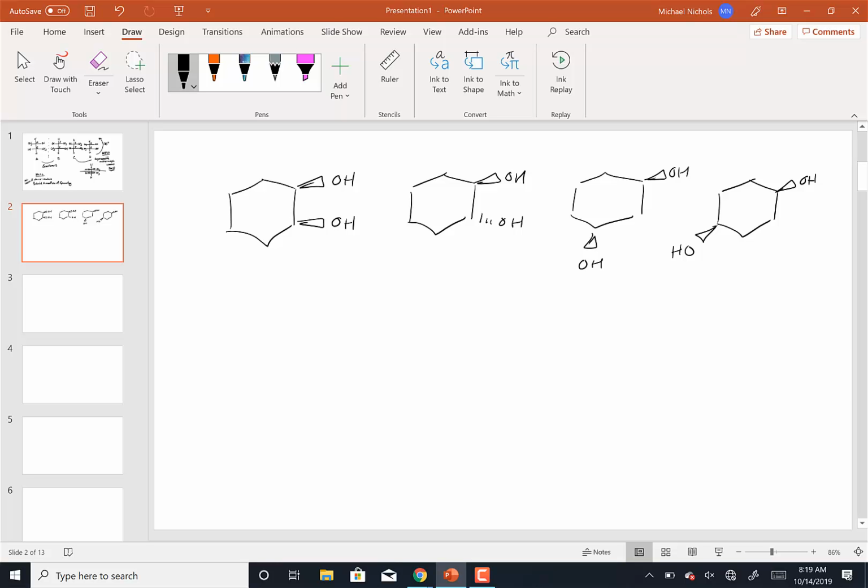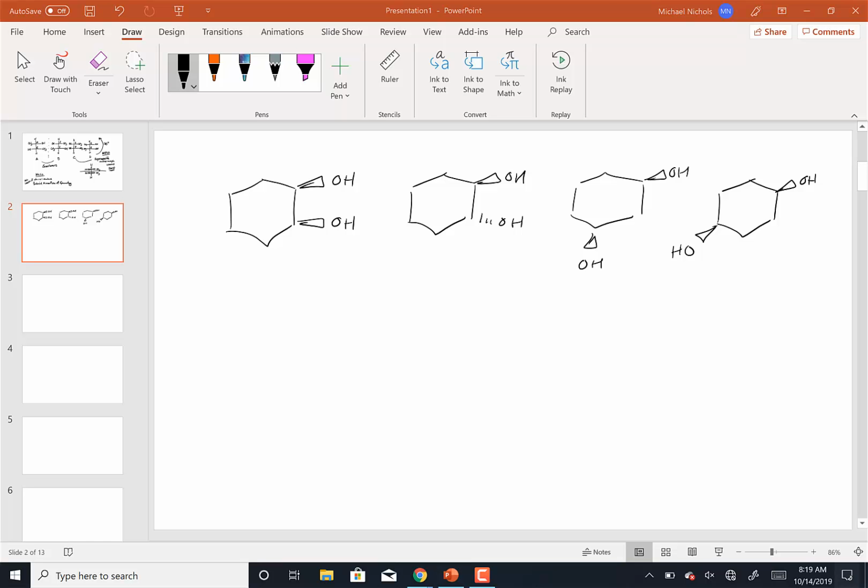Okay, so here's 4 molecules. For each one of them, I want to know meso or not meso.